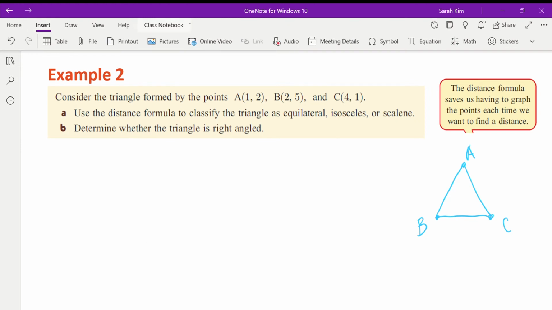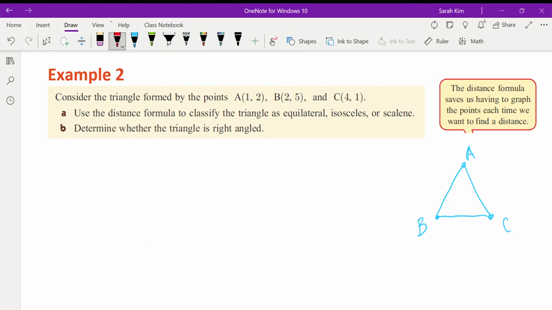Okay, so basically what we have to make sure we do is find out the differences. Hopefully you know that equilateral is 3 sides the same. They all have the same sides. Isosceles is 2 sides that are the same. And scalene just means all different sides.